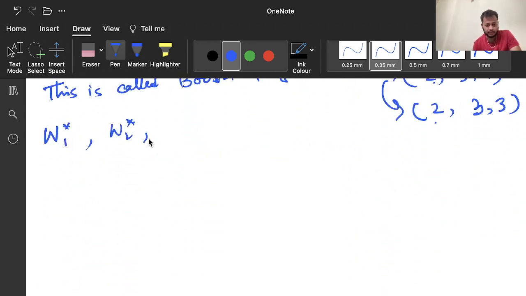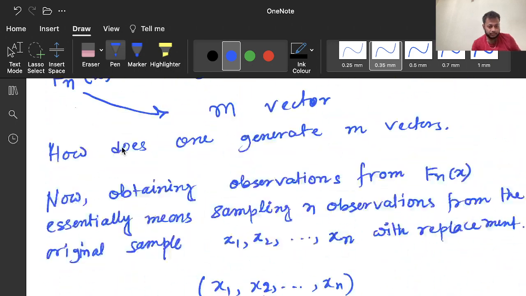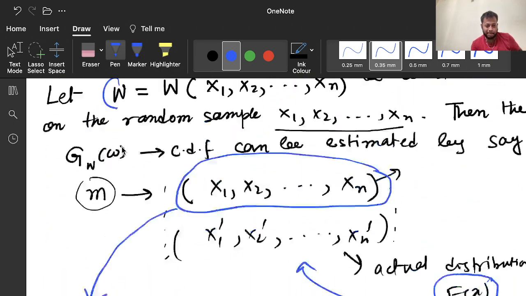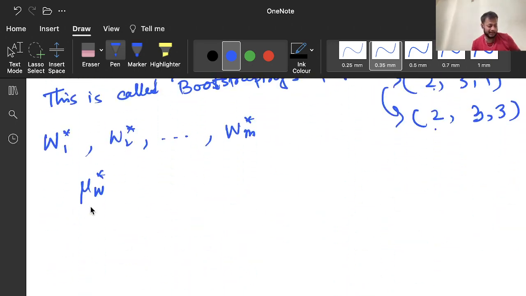So you will get, suppose, m such values, and from this m set you can easily calculate, for one of those functions, the mean, the summation of wi star over m.